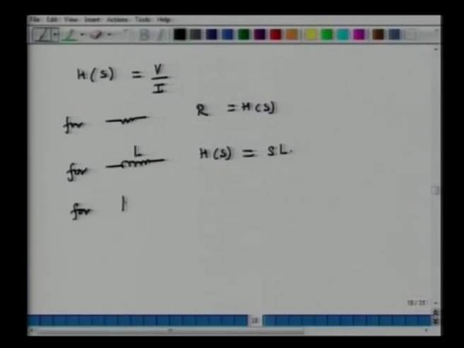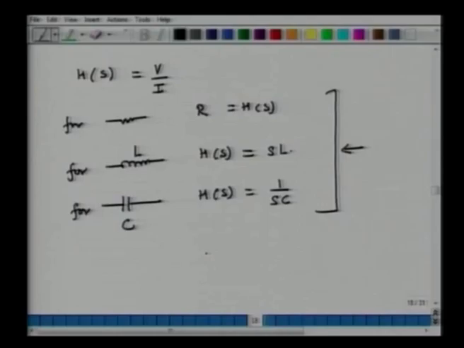For a capacitor of value C, the transfer function would be 1 over sC. So again, it's handy to remember these ratios. And in another example we will construct a circuit.